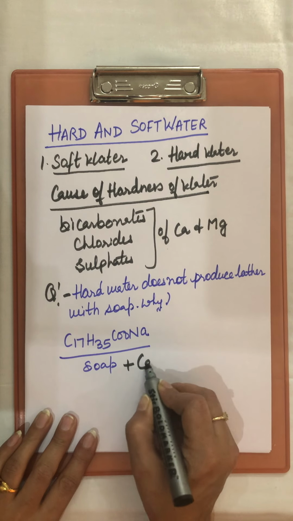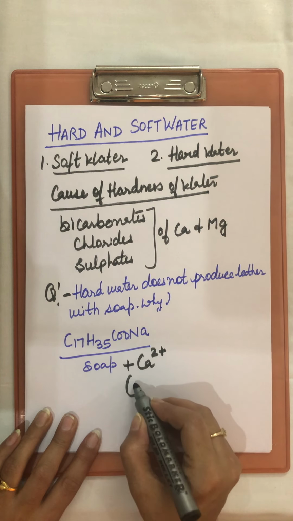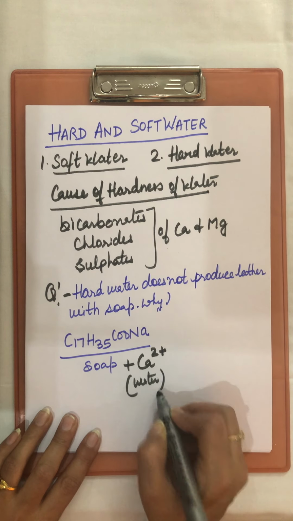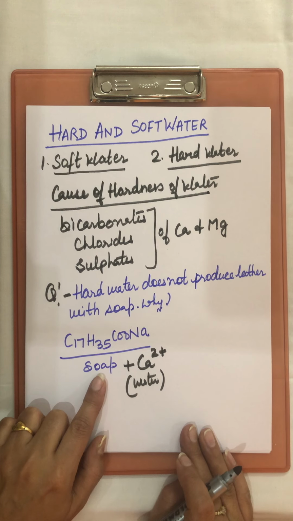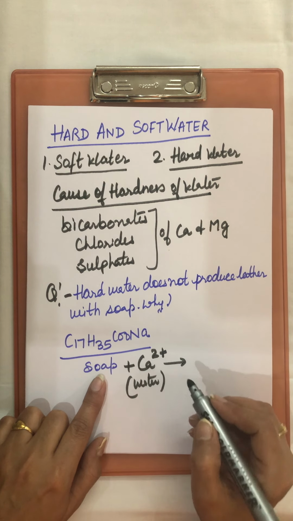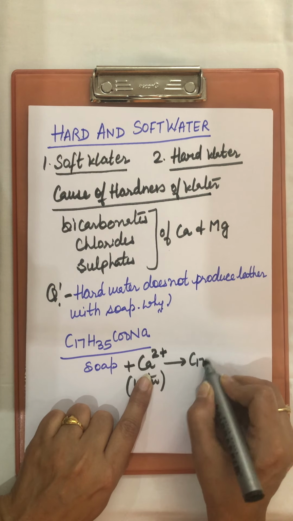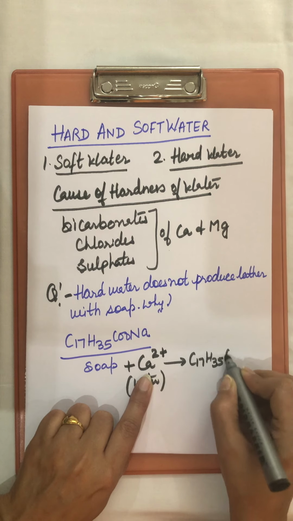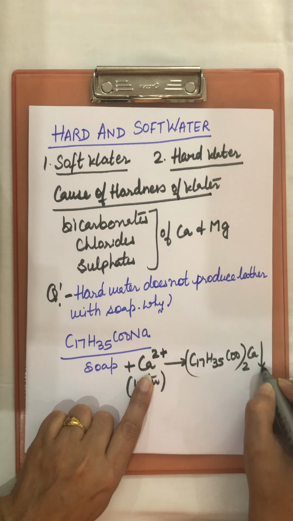like the calcium salt I am taking, this calcium ion is there in the water. When soap is added, instead of dissolving in the water, no micelle formation is there. Instead, this soap will combine with the calcium and magnesium salts to form this compound.